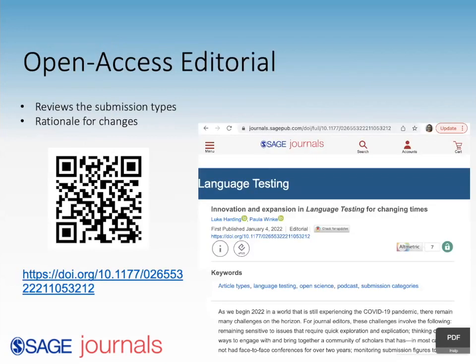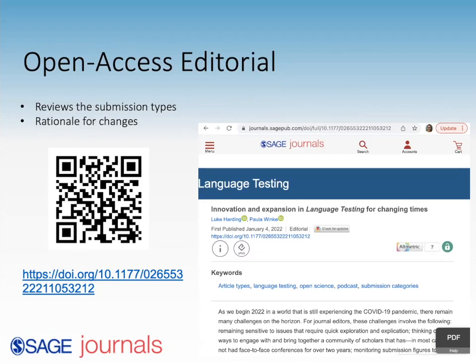Thanks, Dylan. Great. So the first thing I want to say is that we've just recently published an open access editorial. So this is completely free to view for anyone, whether you have a subscription to the journal or not. We do an editorial at the first issue of every year. And this editorial is an important one because we go into some detail about the new submission types.